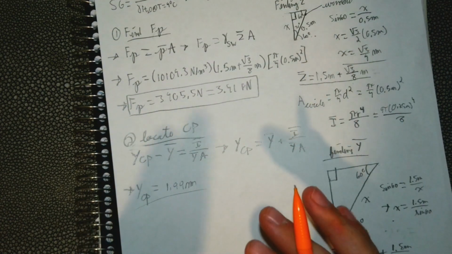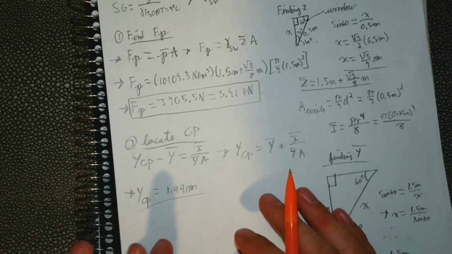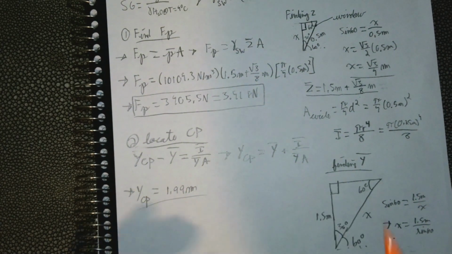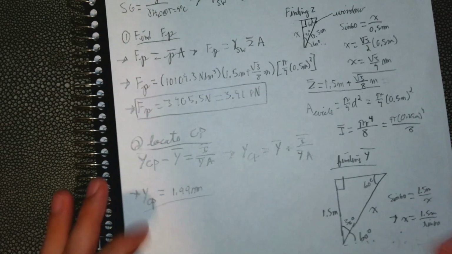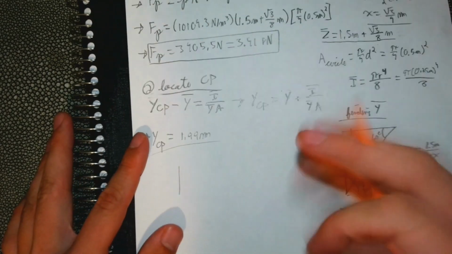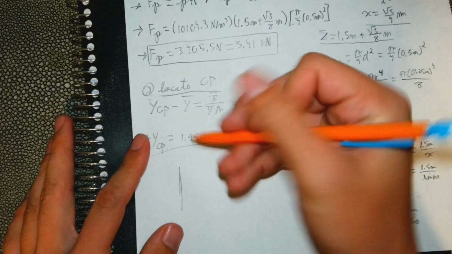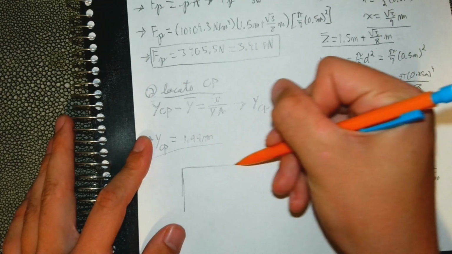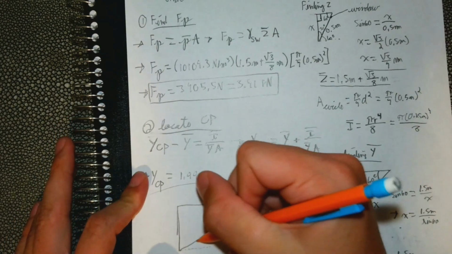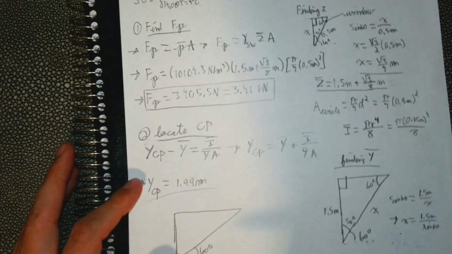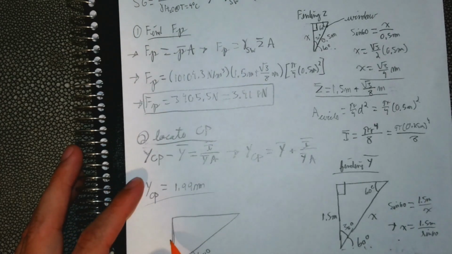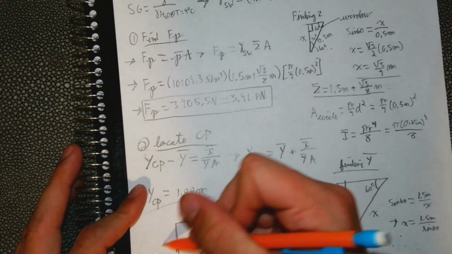If your teacher doesn't want the slant distance, they want just a regular vertical distance, you can draw another triangle to find it. I'll show you guys how to do that. It's going to be basically the same thing. We have our angle of 60 degrees here again, trying to find this value.